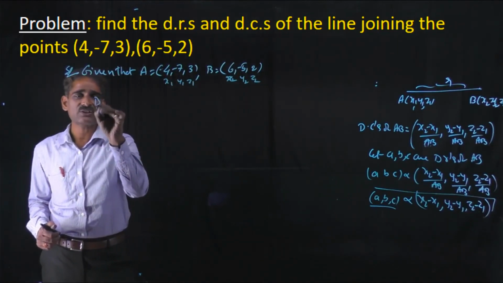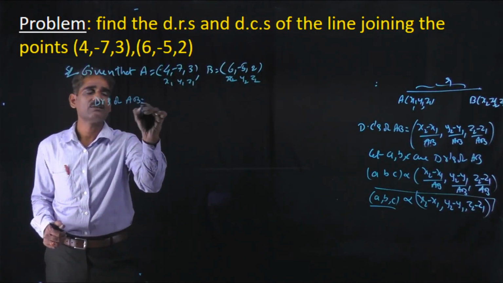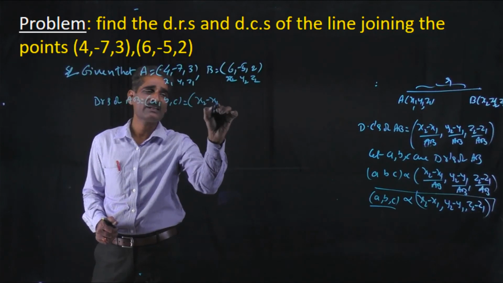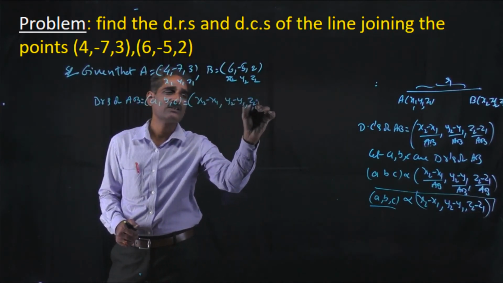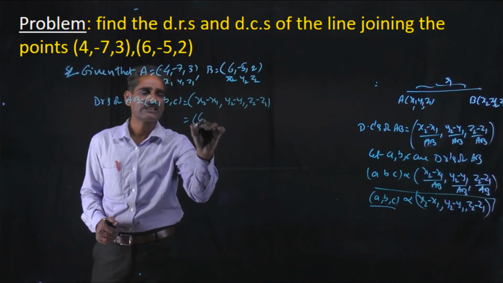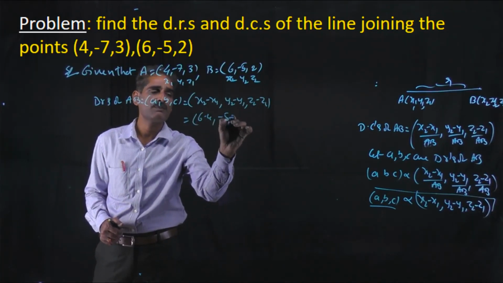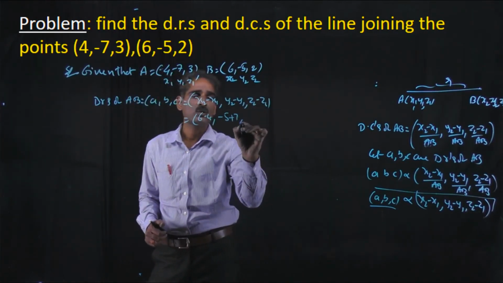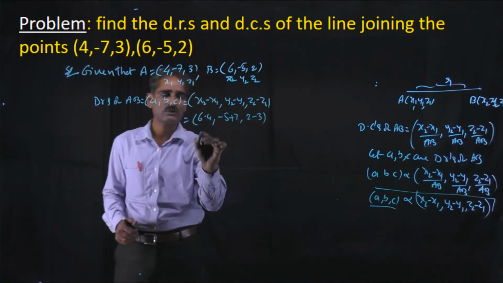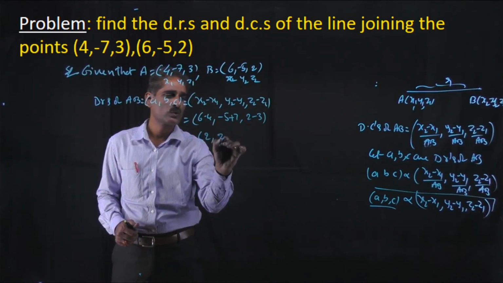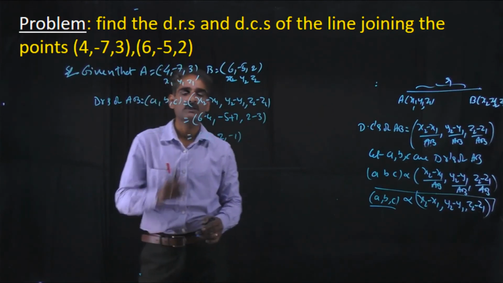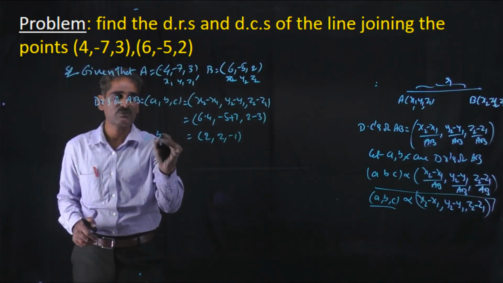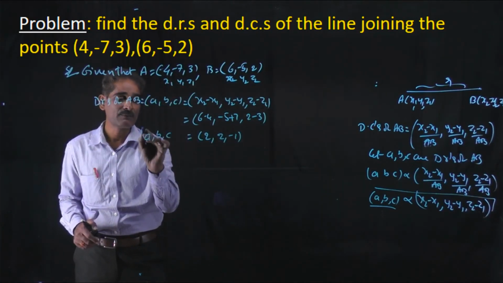Now, the DRs of AB, let us take the DRs be A, B, C. What is the formula? x2 minus x1, y2 minus y1, z2 minus z1. Therefore, 6 minus 4 is 2, minus 5 minus of minus 7 means minus 5 plus 7 is 2, and 2 minus 3 is minus 1. These are the DRs of the line AB.